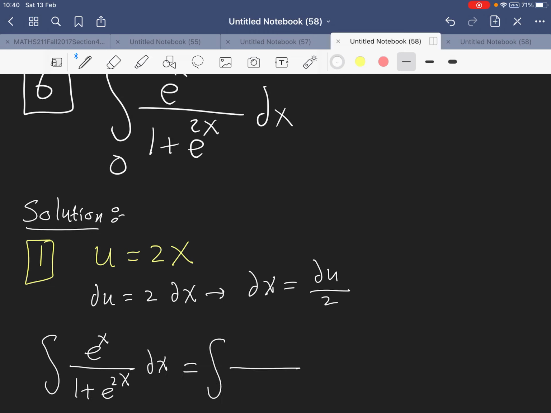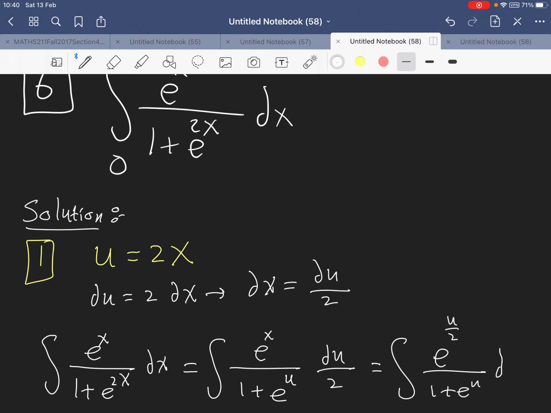If we change everything into u, this will be e^u, this will be e^x, and this will be du over 2. I'm still having e^x here, so I need to replace x with something in u, and that will be u over 2. But that doesn't lead me anywhere. Dead end.